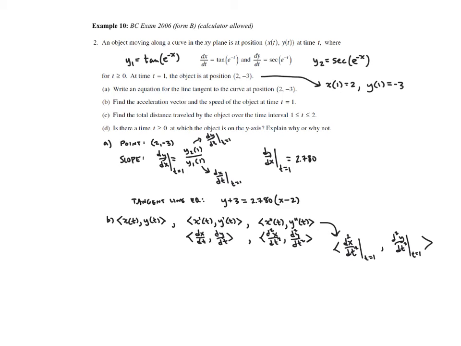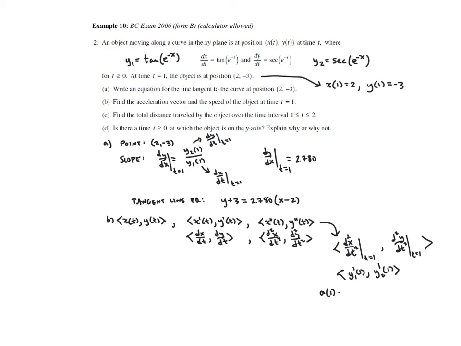That'll be my vector. Okay, that can be done in a number of different ways. But using our calculator, we could take the derivative of y1 at time 1 and the derivative of y2 at time 1. That's how we would get our acceleration vector.